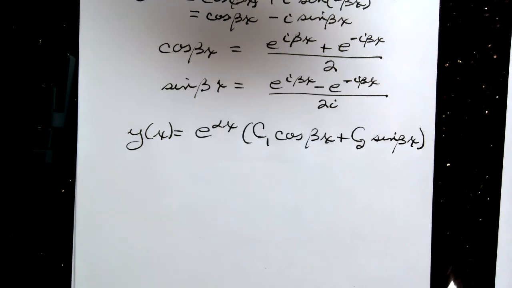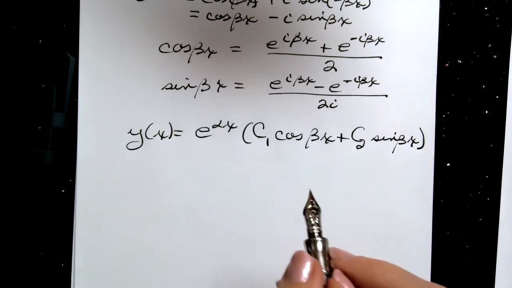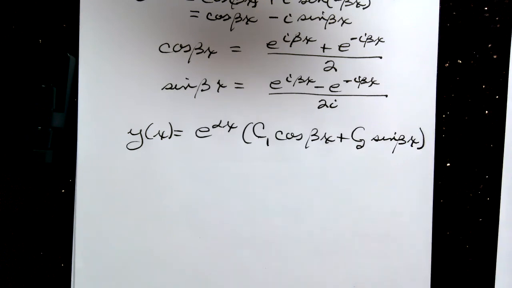You can sit there and figure out exactly what capital C1 and capital C2 are in terms of little c1 and little c2, but we really don't need to know that.